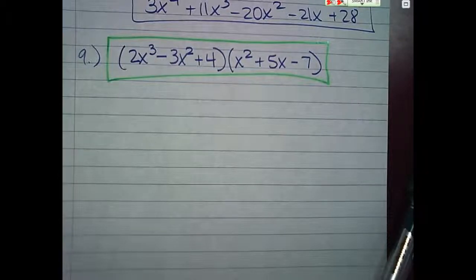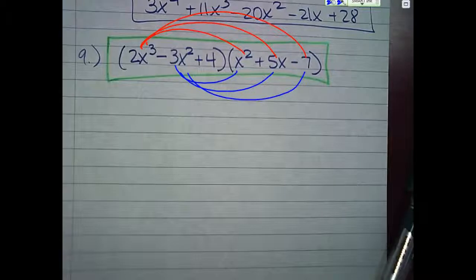Yeah, the problem with this one is there's 3. So when you take the 2x, you go to all 3. What's my next step? The negative 3x to all 3. But I have one last step. What's got to come next? There you go. You got it. That's it. It's not hard at all. Distribute.